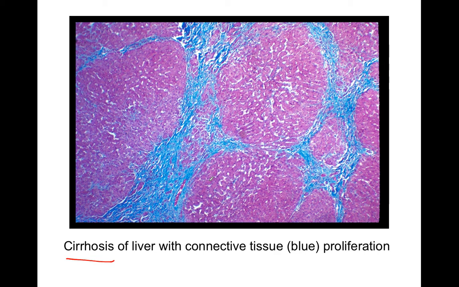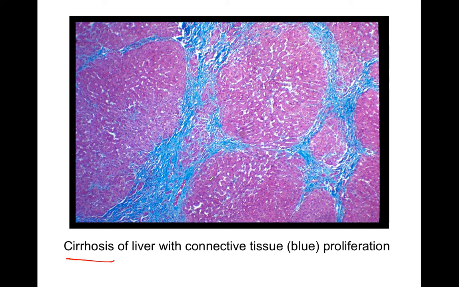Normally, as I showed you before, the amount of connective tissue is very minimal, and the classical liver lobules that I showed you before, we can see only in pigs. They have a very good amount of connective tissue. However, in other animal species, there is a limited amount of connective tissue.